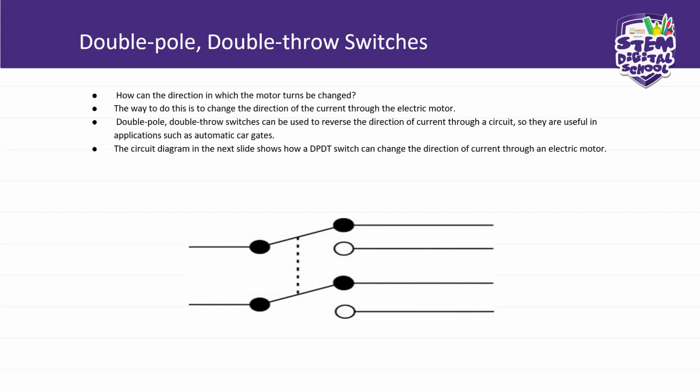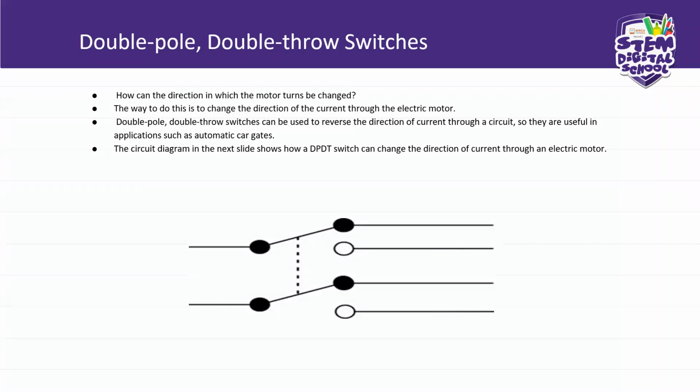Then you have a double pole double throw switch. How can the direction in which the motor turns be changed? The way to do this is to change the direction of the current through the electric motor.